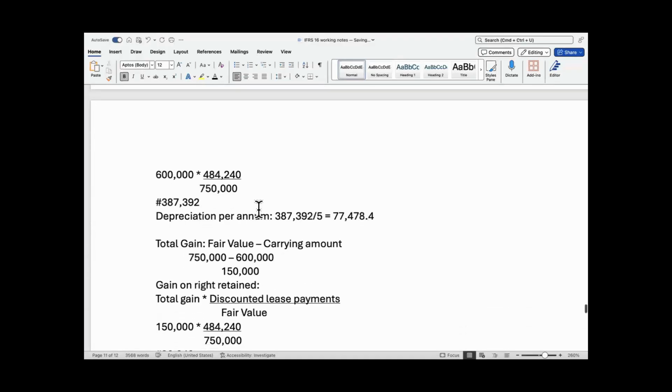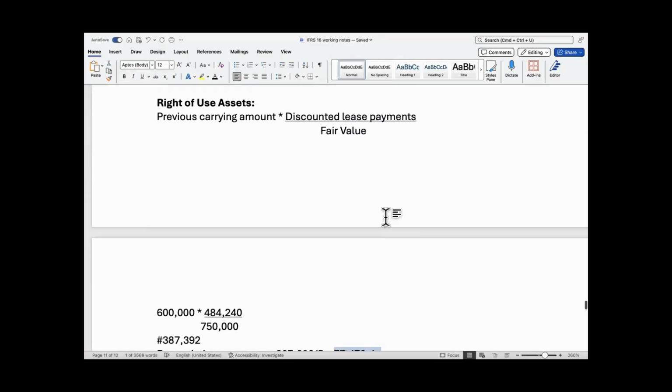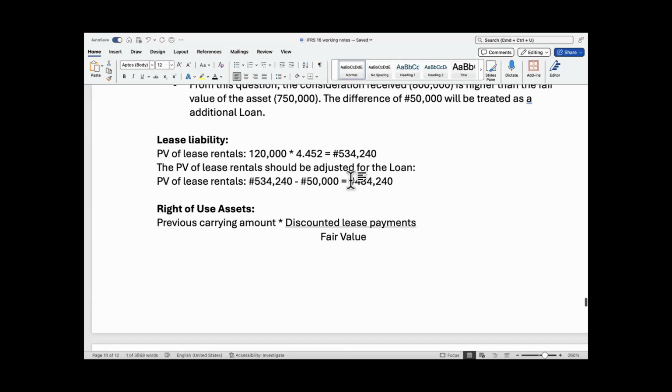So at the end of the year, this depreciation we computed now will be recognized to profit or loss, P&L. And this lease liability, this 487,240, you know that you're going to unwind the discount. You're going to increase it with interest, and also you decrease the lease rentals.